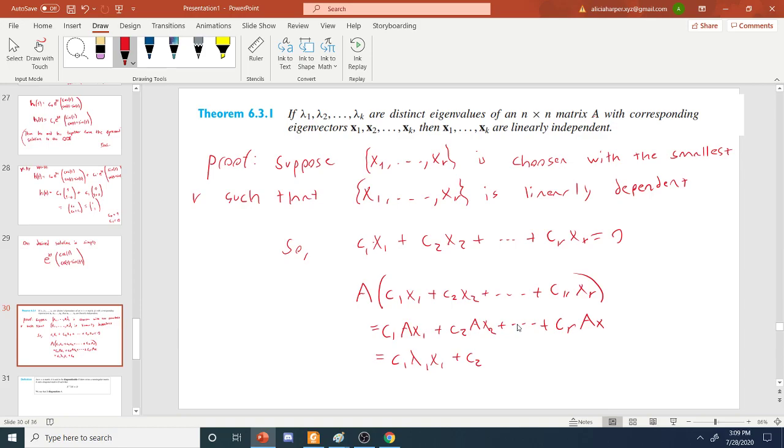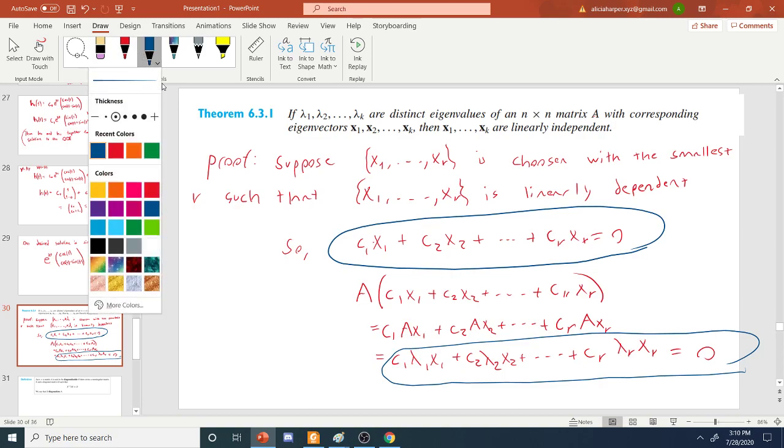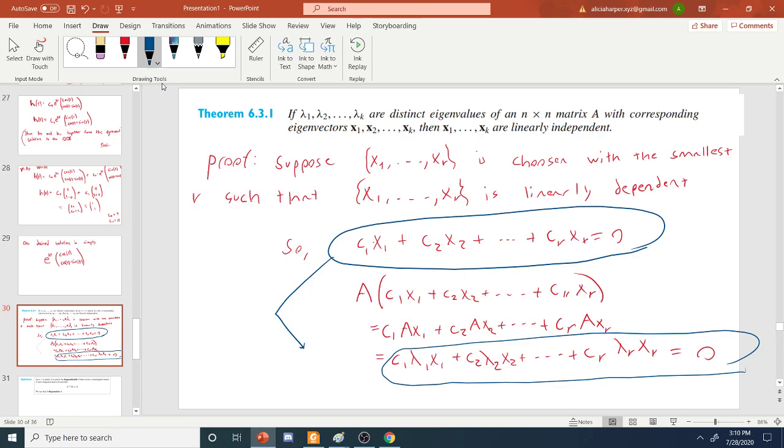Since x1 is an eigenvector with eigenvalue lambda 1, I can replace this with lambda 1 times x1. Likewise, I can replace this with lambda 2 times x2, up to cr lambda r times xr. And this of course is equal to 0. Now I'm going to multiply the original relation by lambda r.